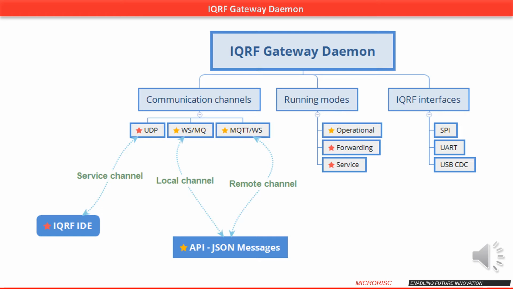In forwarding mode, the gateway also forwards the low-level communication protocol DPA to the Iqrf IDE terminal, allowing the lowest level communication to be analyzed. Finally, there is a service mode that can connect the Iqrf transceiver directly to the Iqrf IDE tool, allowing the use of all its functions.